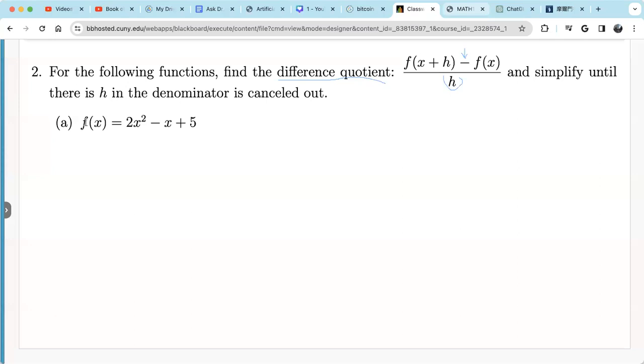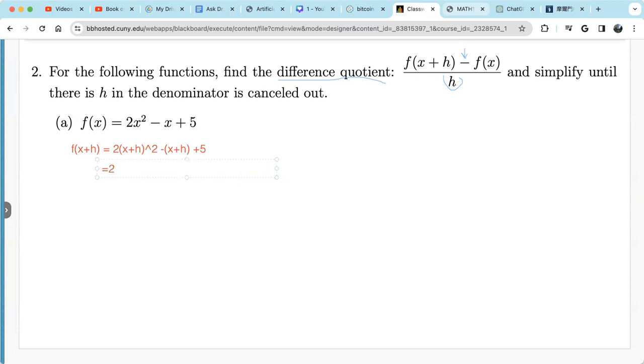So let's calculate. We have f of x already. So let's just calculate f of x plus h. The input is x plus h, so we do 2 times the input x plus h squared minus the input, which is x plus h, then plus 5. Then we calculate perfect squares again.